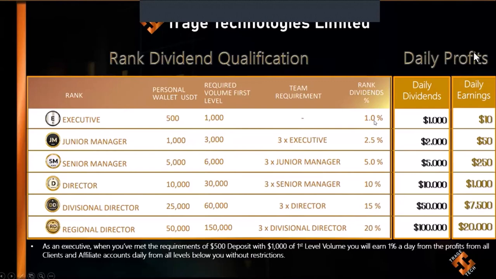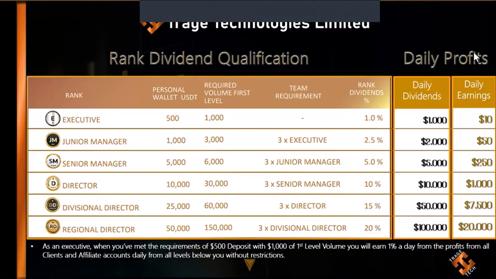You earn 1% from your whole entire organization from level 1 to where it ends. So whatever profit that's earned for that day, let's say 100,000, and you only put in $500 and your first level is 1,000, you make 1% of $100,000 in dividend.